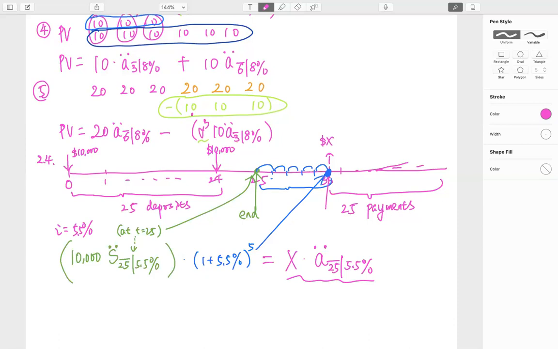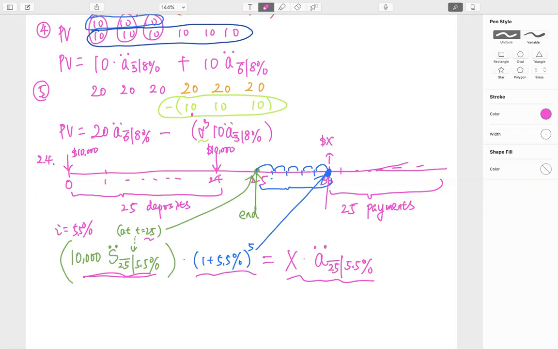So long as you are talking about the same time point, you can equate them. That's why once I get this amount, I cannot equate them because this amount is at 25, not at 30. That's why I need to accumulate for another 5 years in order to get to the value at time 30 years. Okay, this is really, really important.